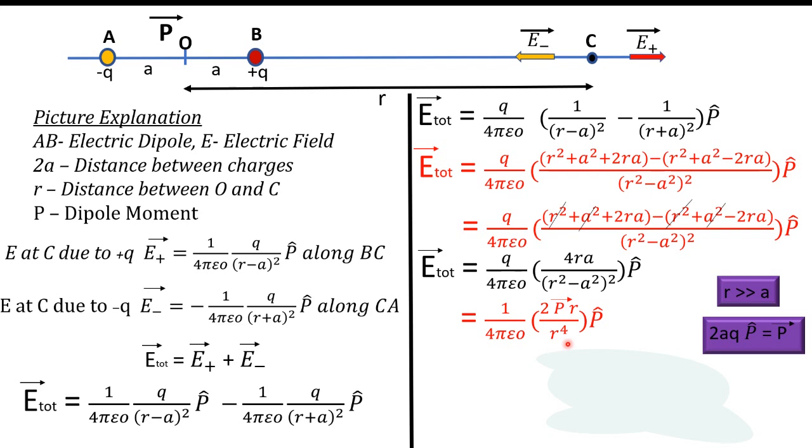Also, 2aq into unit vector of p is p vector. We have already seen this. And so, here we have 4. 4 could be split into 2 into 2. So, 2 into q into a will be vector p. And so, we have 2 p vector into r divided by r power 4.